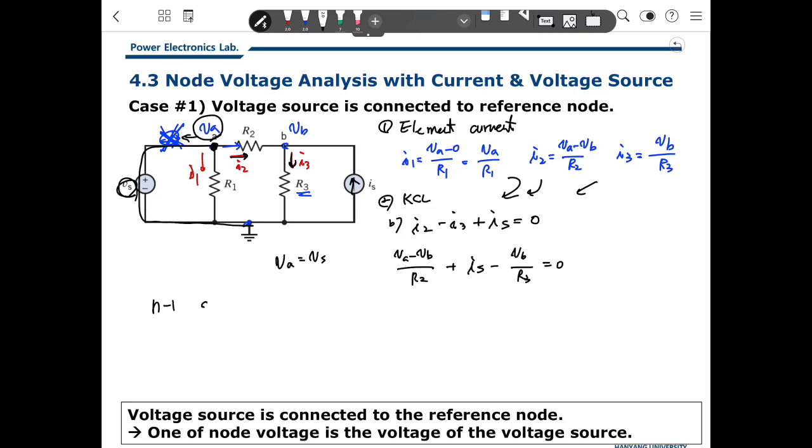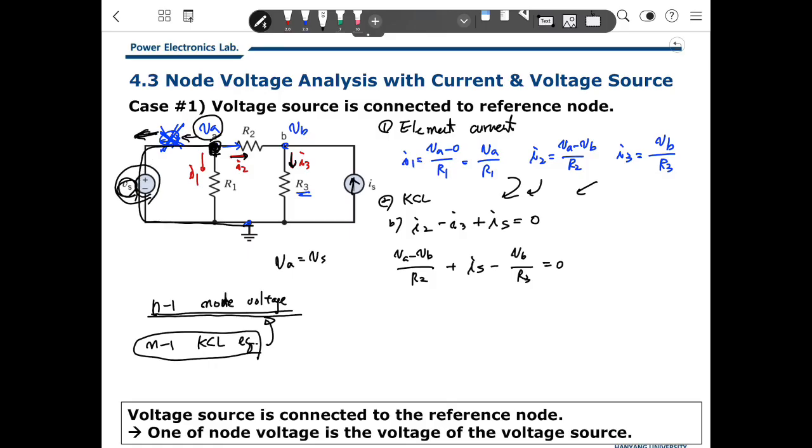Because we have n nodes, and together with the node voltages we make n minus 1 KCL equations, to solve the n minus 1 node voltages. But in this case, we cannot get the KCL at node A, because we cannot define this current. Why? This current is going into the voltage source.